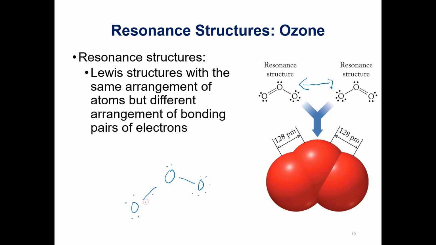We have something that's kind of halfway in between the character of a single bond and a double bond. And these electrons from where we're drawing the double bond are actually delocalized. They go back and forth between these three oxygens to help stabilize the structure.